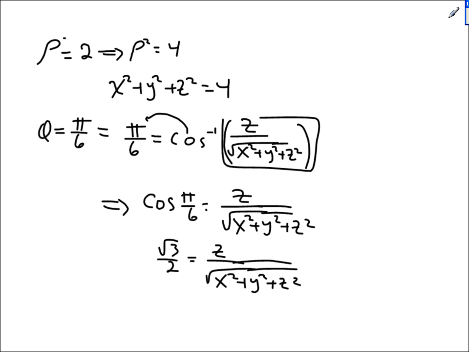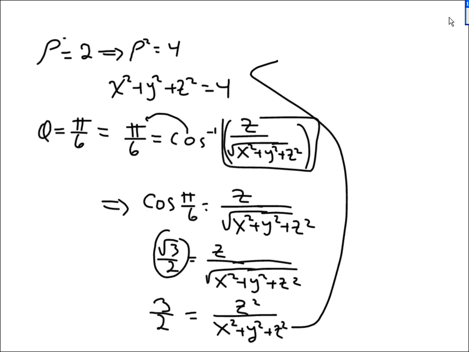If I square both sides, the left side will become 3 over 4. If I square the right side, it's z squared over x squared plus y squared plus z squared. If I do something I hate to say, if I cross multiply, I get 3x squared plus 3y squared plus 3z squared is equal to 4z squared.